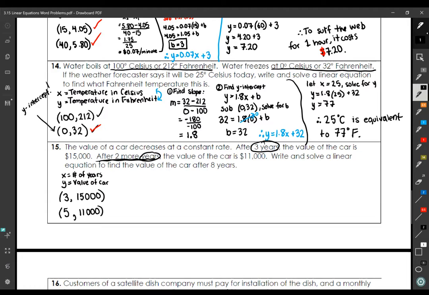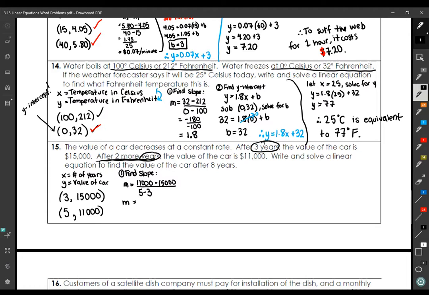So now we go ahead and we solve for slope. Okay, so m is equal to 11,000 minus 15,000 over 5 minus 3. Now, the car's value is going down. So our rate of change, our slope, it better be negative, because the value is decreasing.